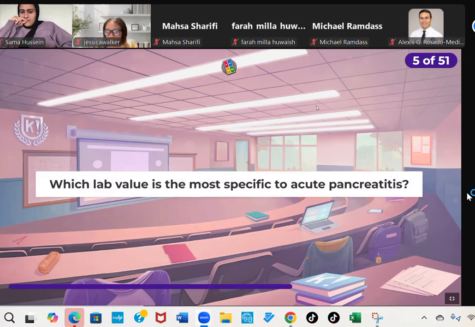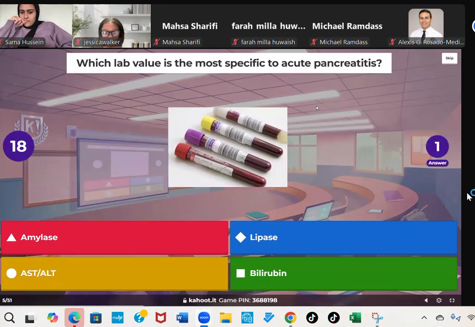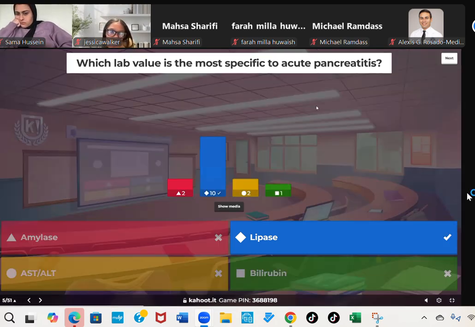Which lab value is most specific to acute pancreatitis? Most of you chose the correct answer. What is the issue with amylase? It's not specific to the pancreas.